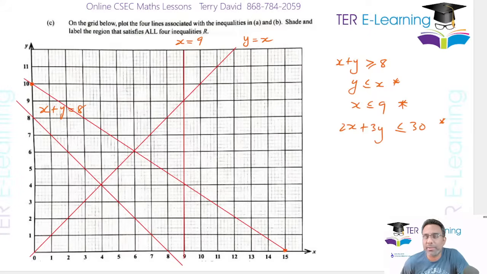Now the thing is, we're not finished yet. That's just the graphs. We have to shade the correct region now.